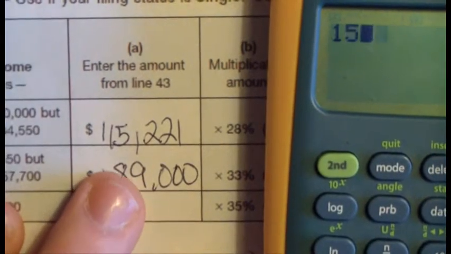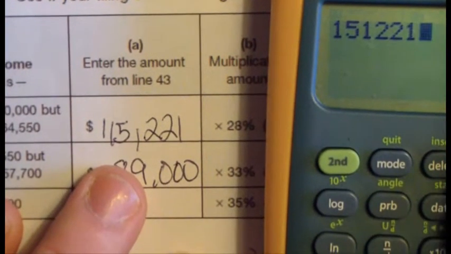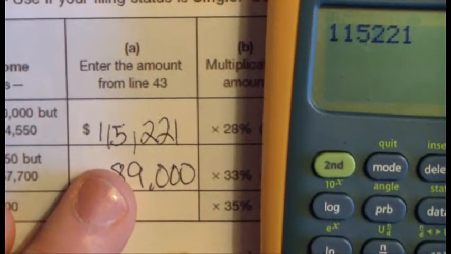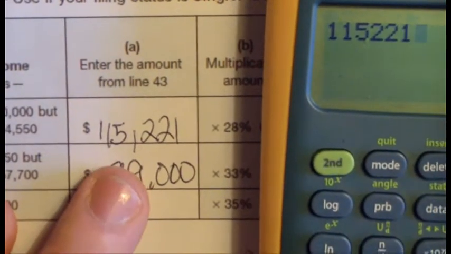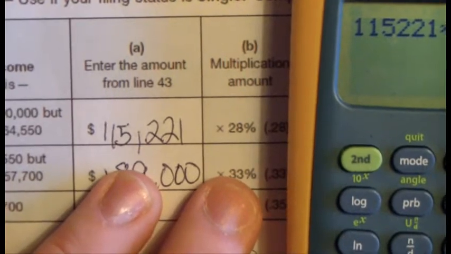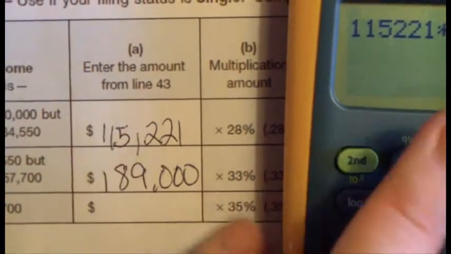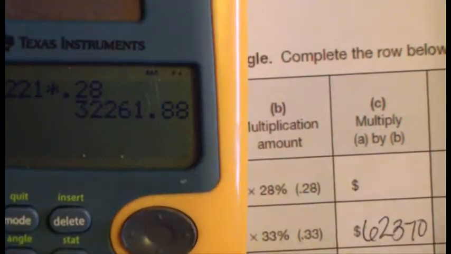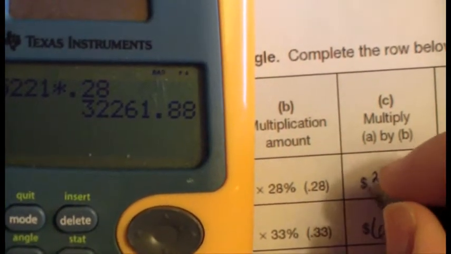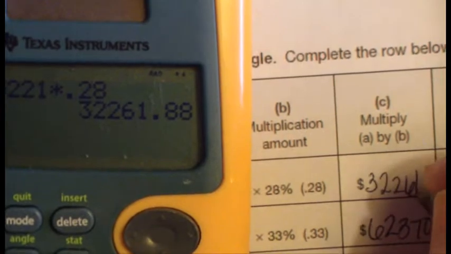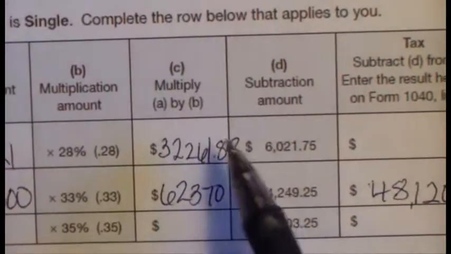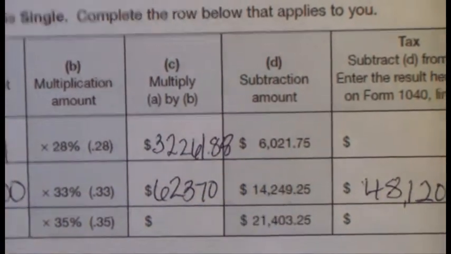So 115,221 times 0.28 is $32,261.88. And then to get our tax, we're going to subtract off this total.